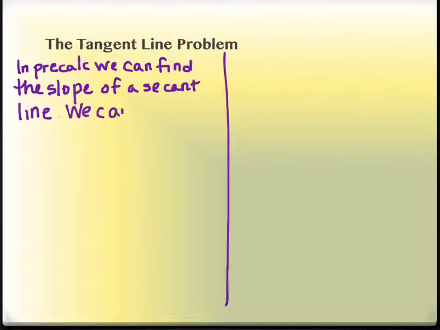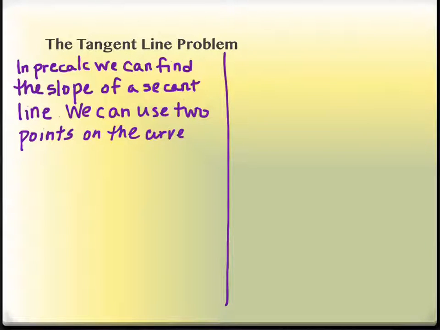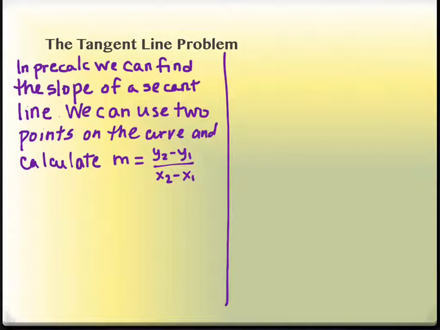We can use 2 points on the curve and calculate the slope formula, right? y2 minus y1 over x2 minus x1.